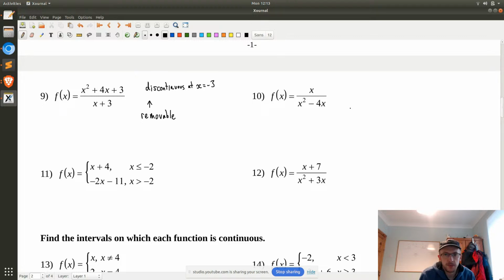And for this one here, we can factorize the denominator into x times x - 4. And so we could cancel the x on the top and the bottom. And then it would appear like 1 over x - 4.